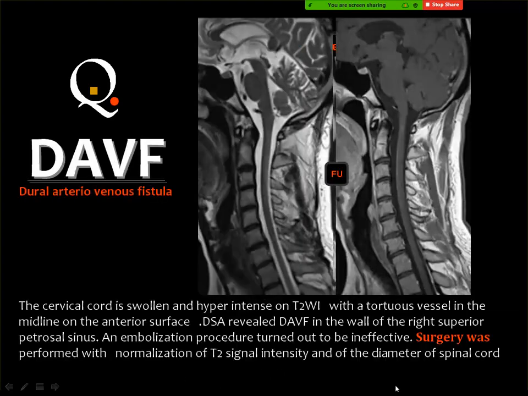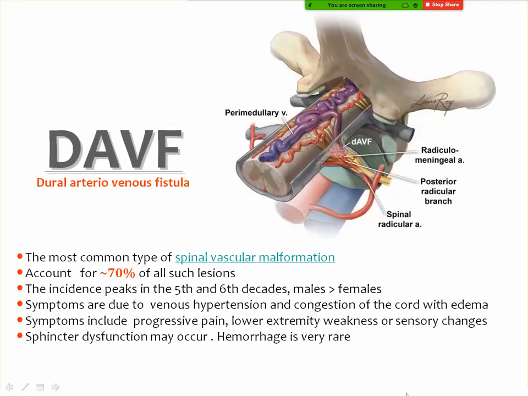Then this patient, they failed to close the fistula by intervention. Then surgery was performed, and this is the follow-up after surgery with complete regression of the cord to normal, meaning that the lesion in the cord was just edema, not ischemia.